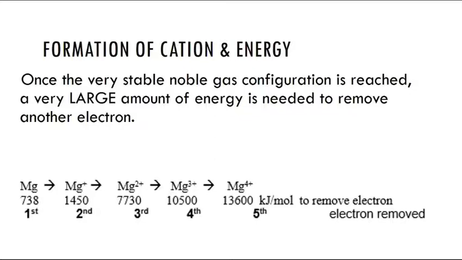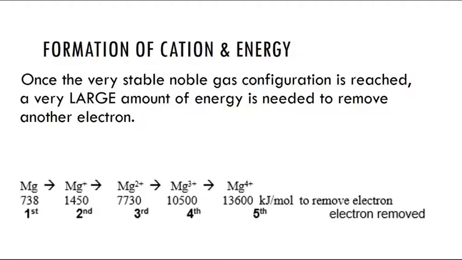Sometimes this ionization energy is called the first ionization energy, because we can continue to take a second electron off, a third electron, a fourth electron, and generally we need more and more energy to remove those electrons.